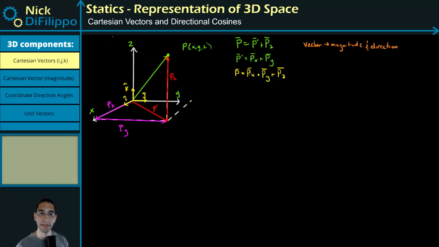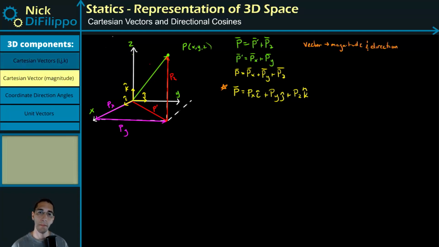So I can represent this a different way. I can say this is equal to my magnitude Px in the i direction, plus my magnitude Py in the j direction, plus my magnitude Pz in the k direction. And this is probably one of the most common ways you'll see these vectors written, especially in statics.